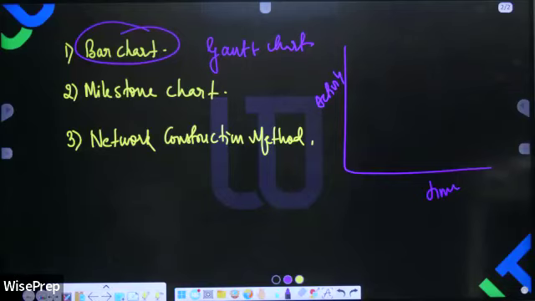Third point, a bar chart can be used for depicting the resource requirement of a construction project.